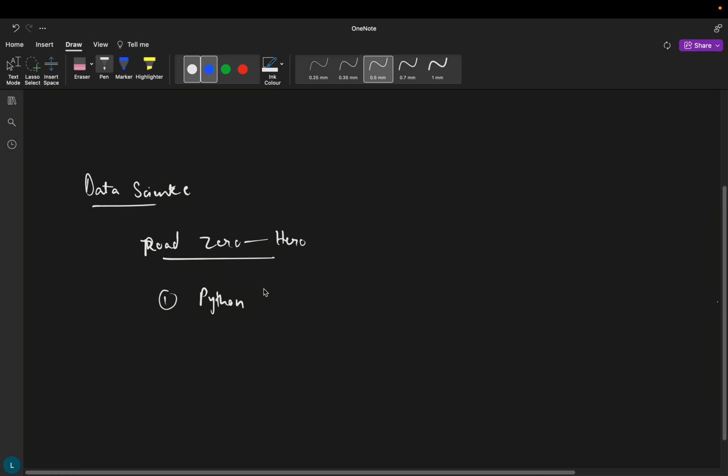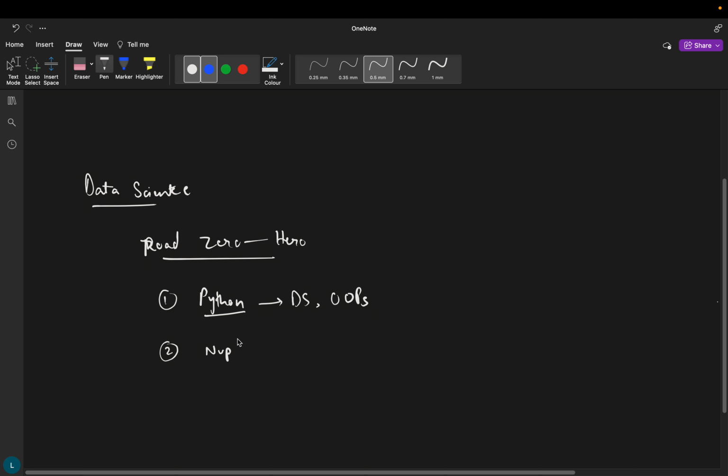You can start with Python basics and learn different types of data structures and the OOPS concepts and many more, like how functions work, what classes are, and how loops work. These are the basics of Python that you must cover if you want to start with the data science field. The second step is covering the basic libraries like NumPy.